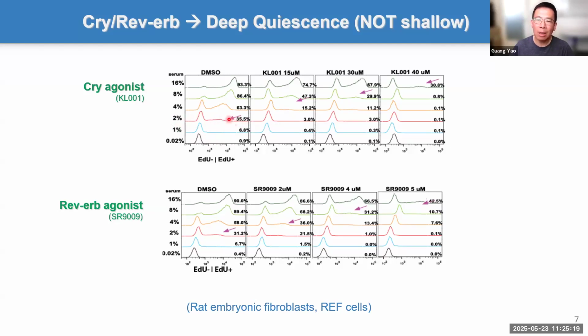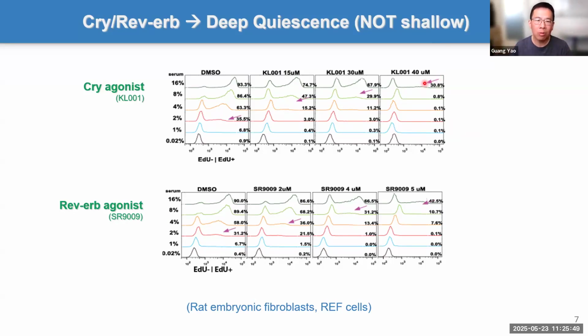But to achieve a similar EdU positive percentage of 35%, you need more than 4% serum if you give 15 micromolar of this Cry agonist, and even higher, more than 8%, if the cells were treated with an even higher dose of Cry agonist. So the more you activate Cry, the more MYC is expressed, but you need a higher serum strength.